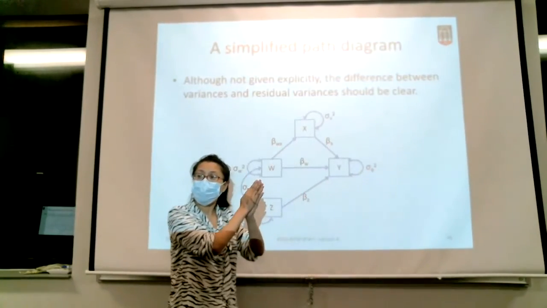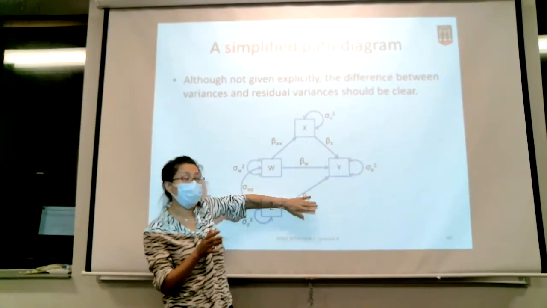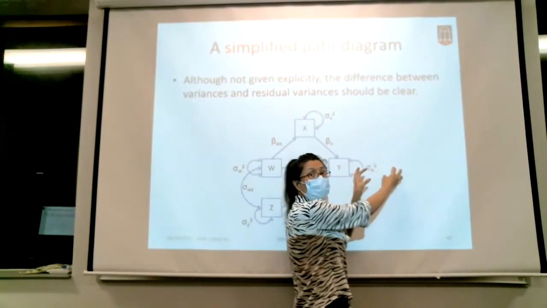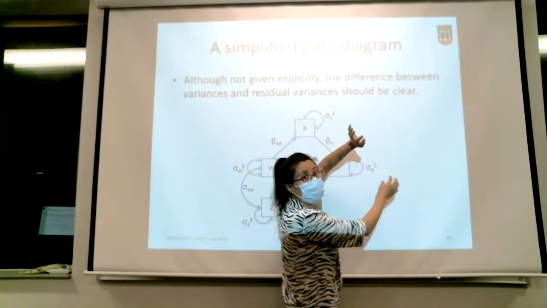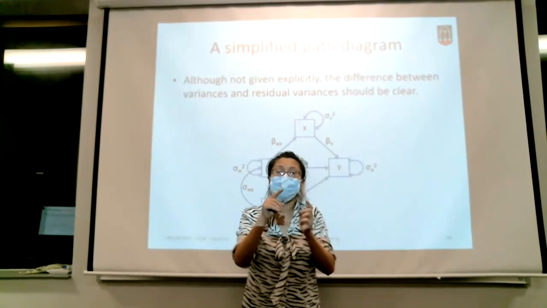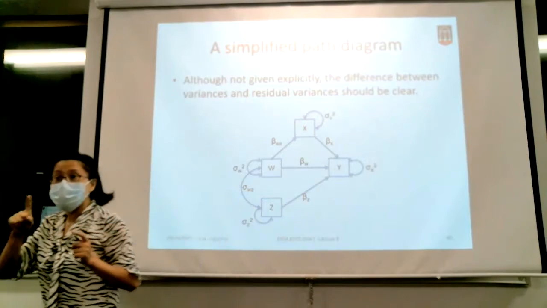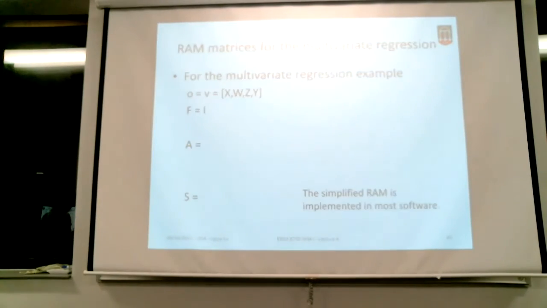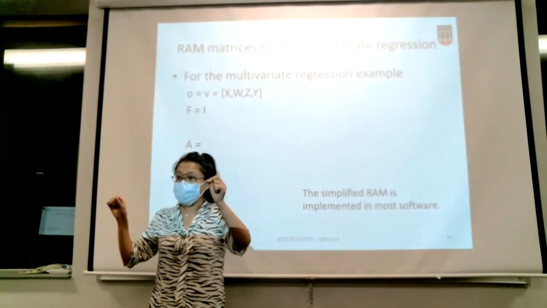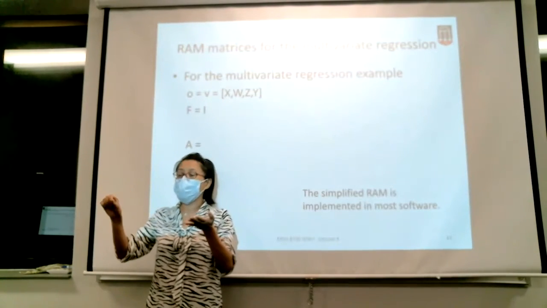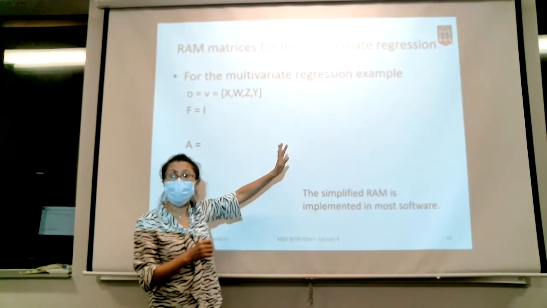So the observed variables and all variables are exactly the same based on this path diagram, because here we remove the circle V and the circle E. So in that case, the observed variable is all variables. So F is an identity matrix, and in this case, you can ignore the F matrix.